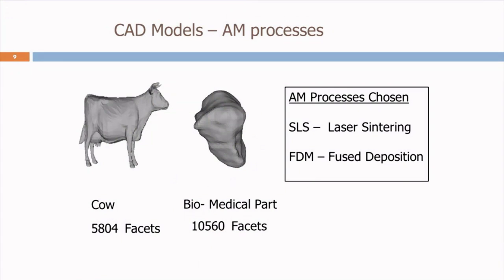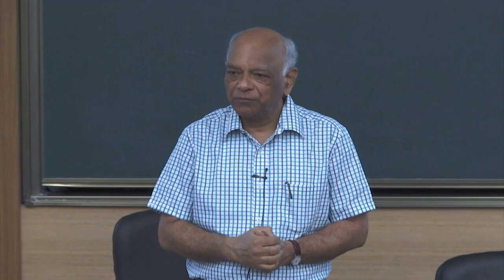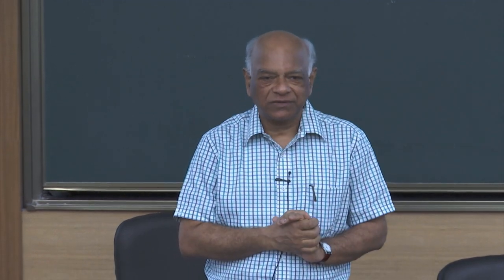Again the facets. We chose two processes in order to test our algorithms. First is the SLS process, selective laser sintering, and another one is fused deposition modeling. The reason for choosing these two processes is this: laser sintering is a powder based additive manufacturing process which does not need support structures.